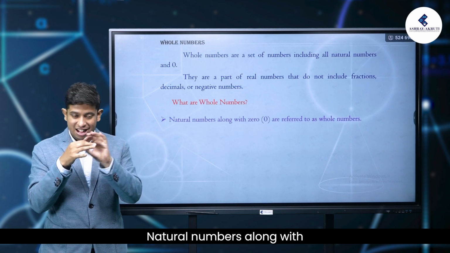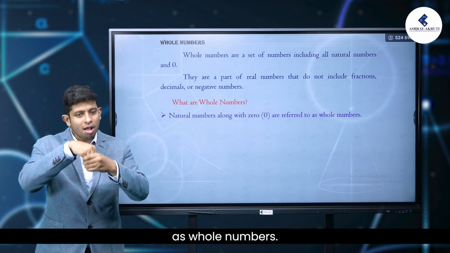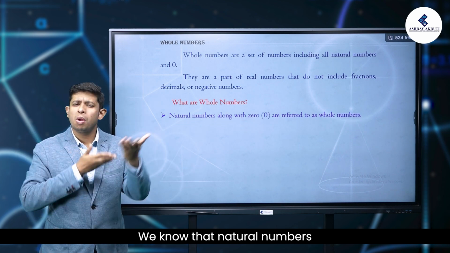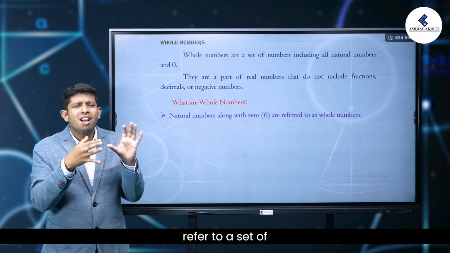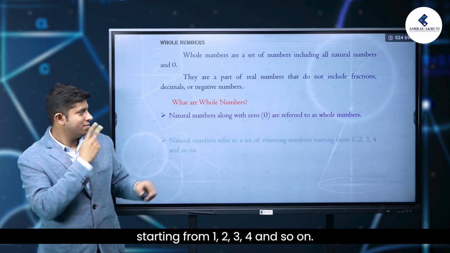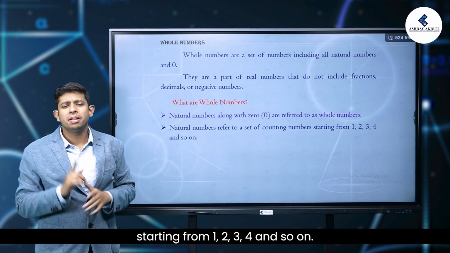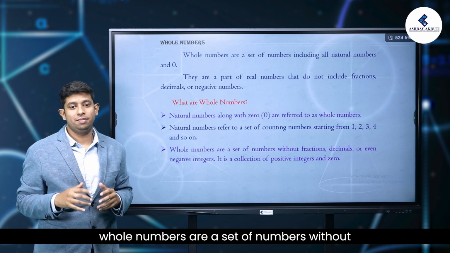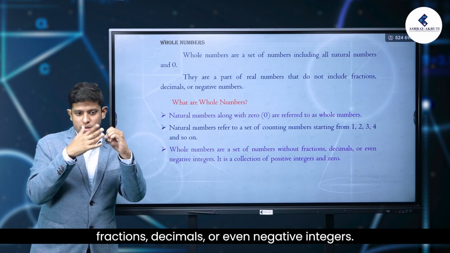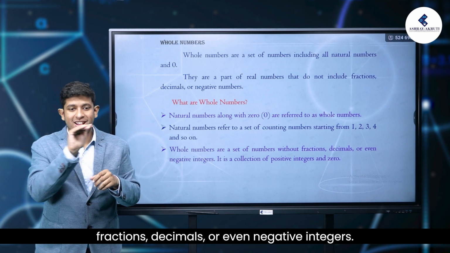Natural numbers along with zero are referred to as whole numbers. We know that natural numbers refer to a set of counting numbers starting from 1, 2, 3, 4 and so on. In simple words, whole numbers are a set of numbers without fractions, decimals, or even negative integers.